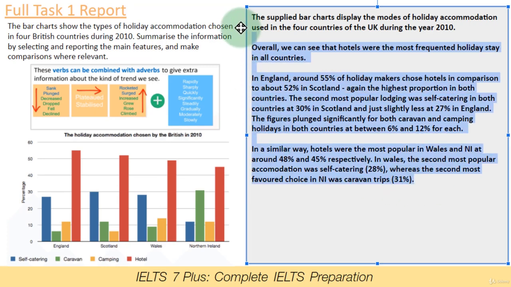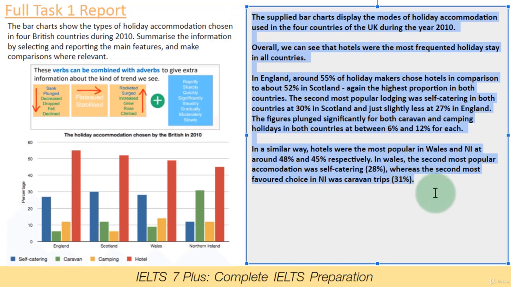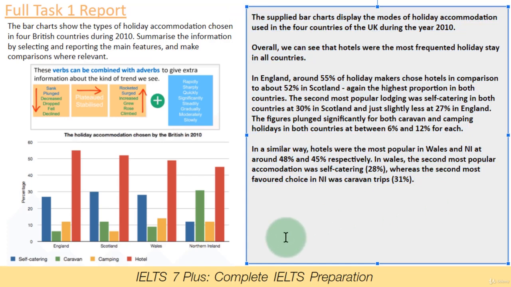Okay, so I'm definitely coming up to about that 150 mark just by looking at it. So, you know what I'll do? I'm going to speed this up a little bit and just say that in Wales and Northern Ireland, caravan and camping were the least popular.